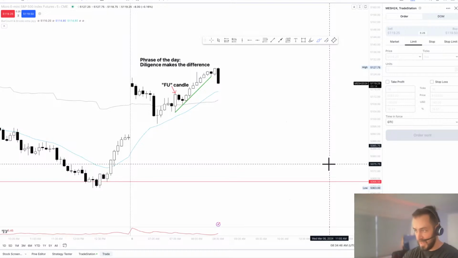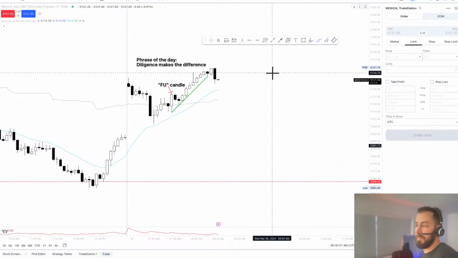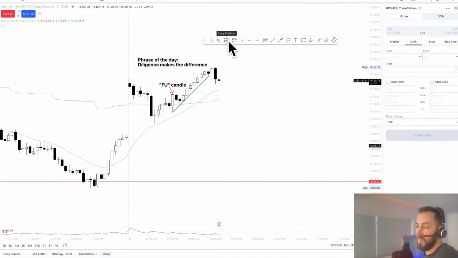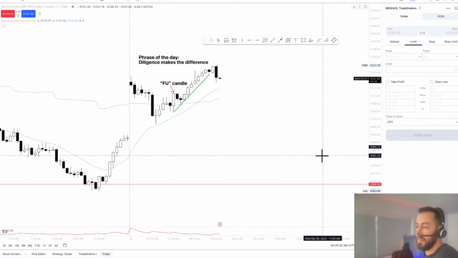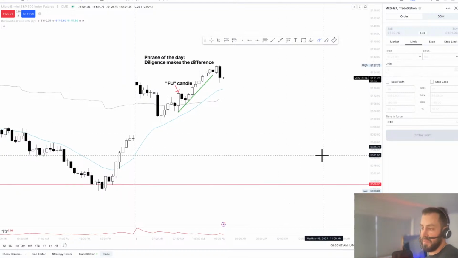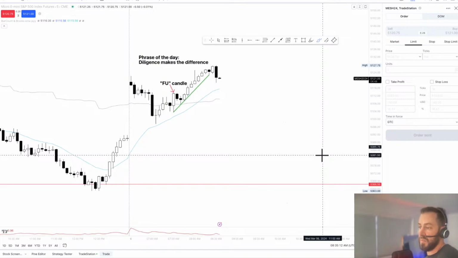We want to see how this closes. If the bears get a strong close here, which it looks like they will, 5 seconds away. Now we've got some damage being caused to the bulls. Right? So the question here is, will the bulls buy?